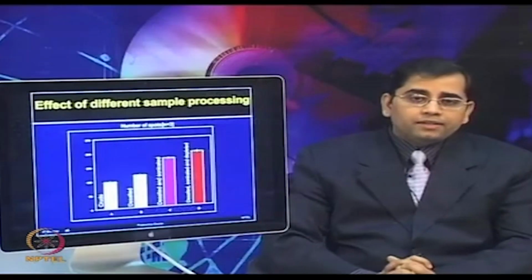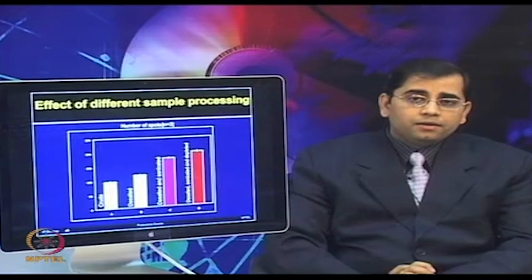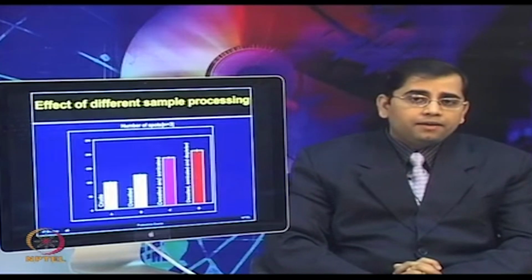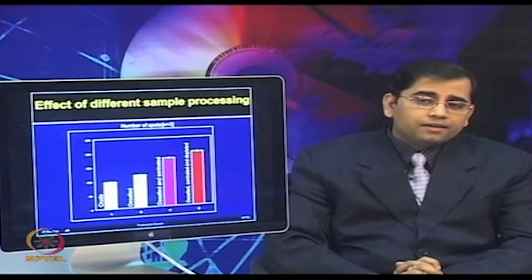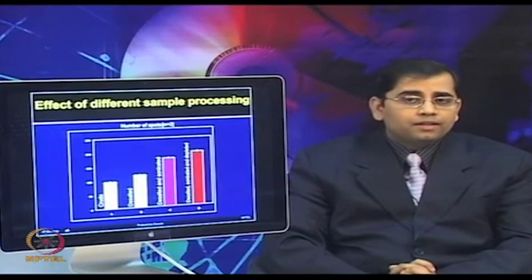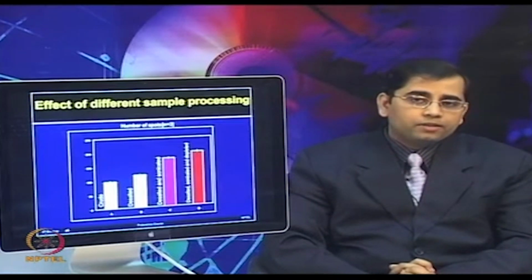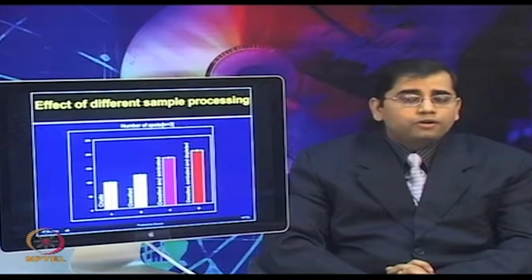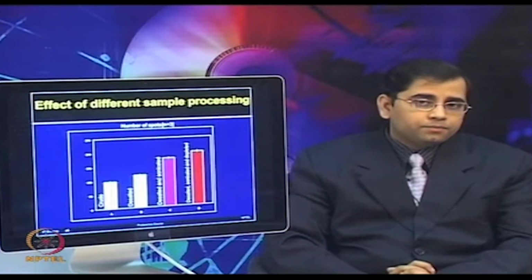From the previous study we looked at replicate gels, n is 3 here, and we found that the desalted, sonicated and depleted sample gave us the largest number of spots on the gel as compared to crude alone, desalted alone, or desalted and sonicated.